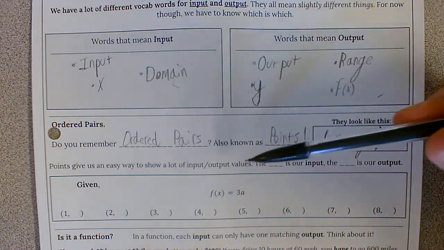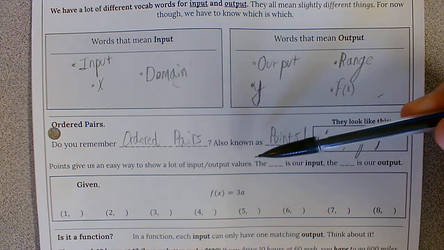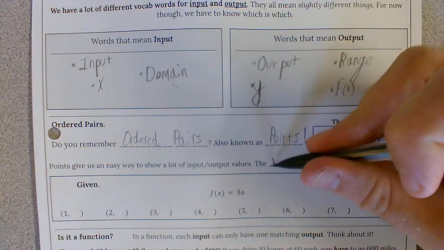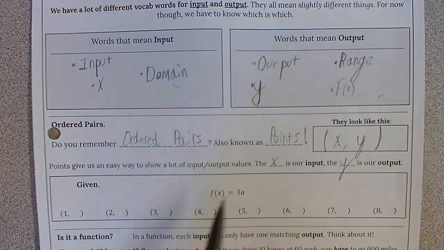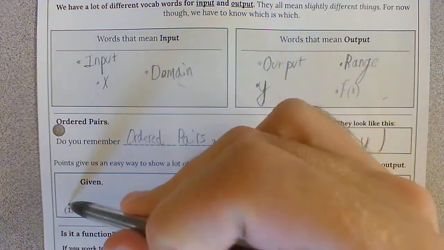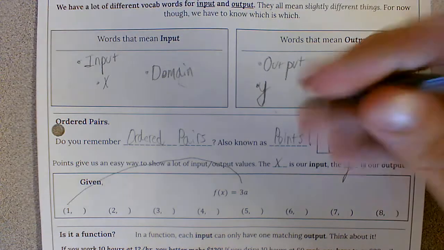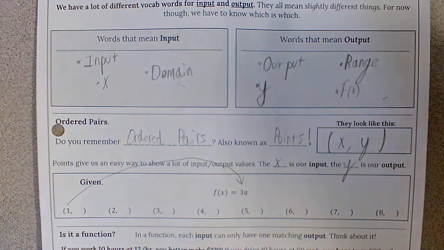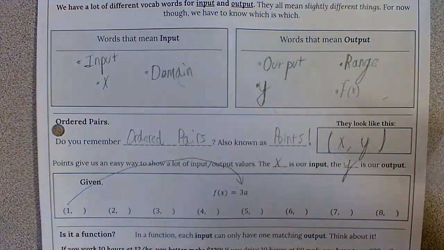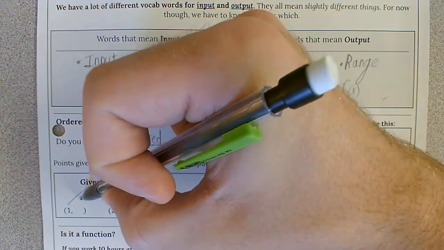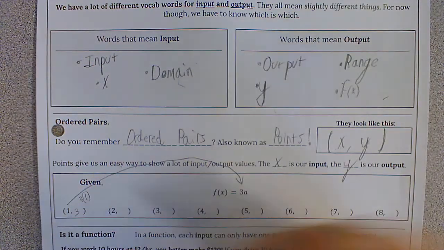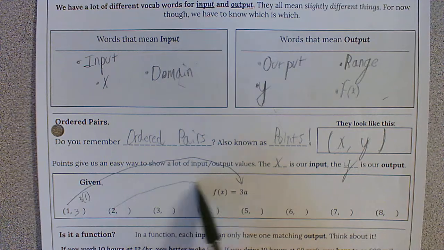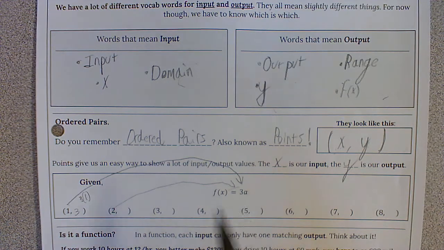Points give us an easy way to show a lot of input and output values. The x is our input, the y is our output. It allows us to organize answers to function questions very quickly. So here, I'm going to plug 1 in to 3 times x. When I plug in 1, I do 3 times 1, and that gives me 3. I plug 2 in. 2 times 3 gives me 6.